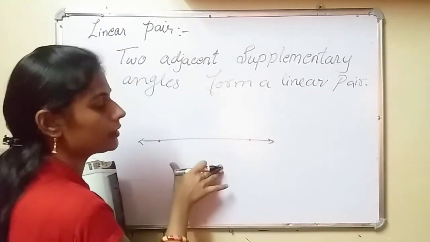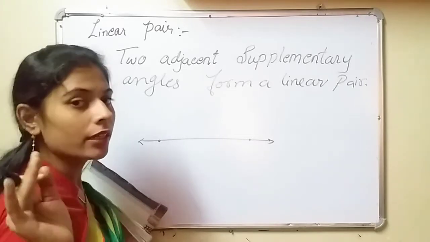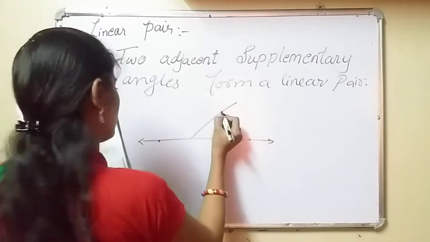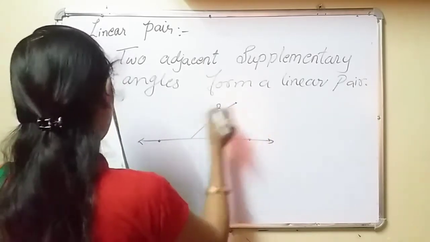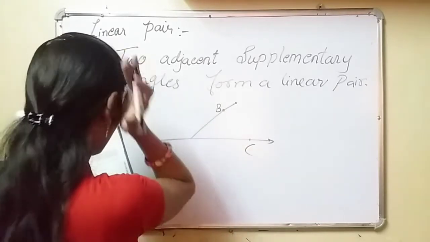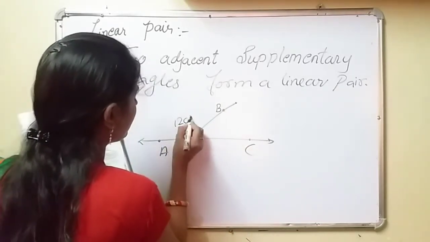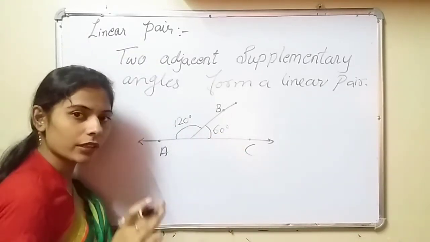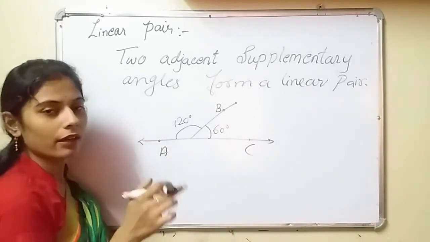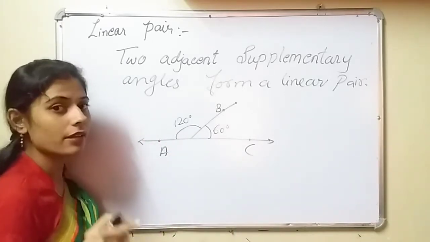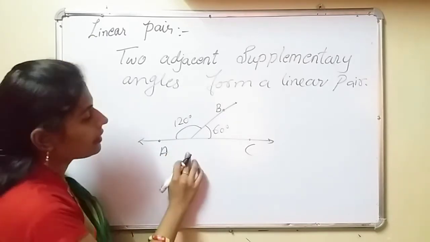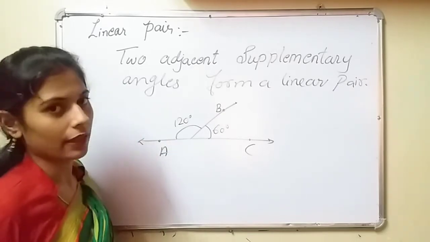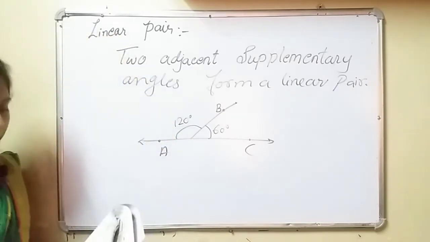Angle formed on this line is always equal to 180 degree. Now if angles are formed on this line, name it B, and this is A, B, C. Okay, now this is your angle 120 degree, this is your angle 60 degree. Now the angles formed on this line are how many degrees? Any straight line, if angles are formed on it, the total will be 180 degree. It is true forever. That is, if any angle is formed on a straight line, it will be 180 degree. And this is called a linear pair.